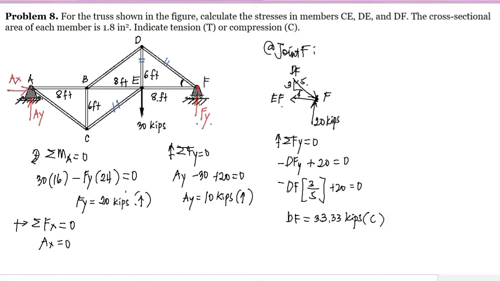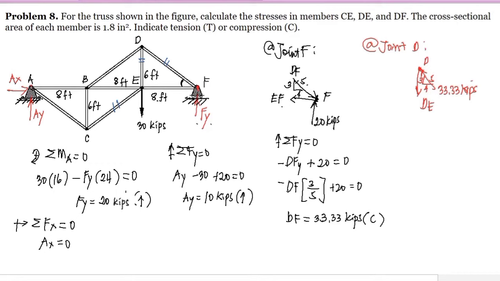Okay, so let's move to joint D. At joint D, we assume that DE is tension, so it's away from point D, and this is DE. Since we already computed that the DF is compression, it should be towards point D, and it has the magnitude of 33.33 kips. And of course, this is the slope of 3 rise, 4 run, and 5 diagonal.